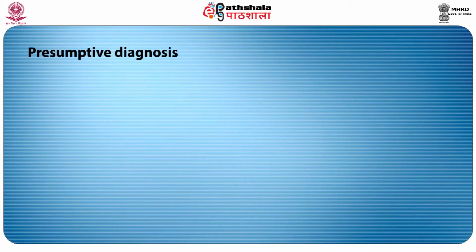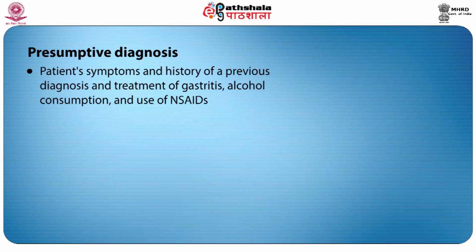We have to do some diagnostic tests. The first one is that a presumptive diagnosis can be made based on the symptoms of the patients, history of previous diagnosis and treatment of gastritis, alcohol ingestion and use of non-steroidal anti-inflammatory drugs.